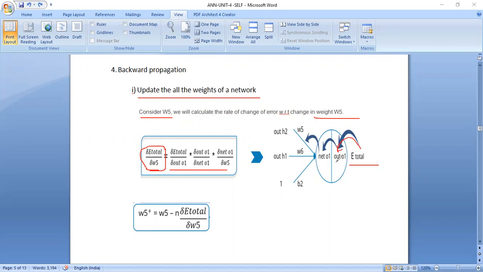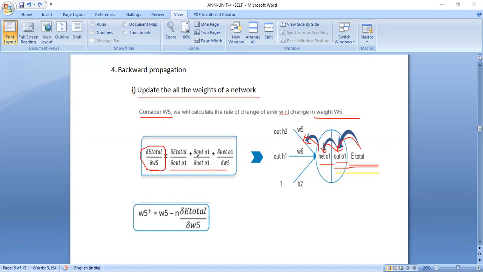The output of O1 is calculated based on the net input of O1, and the net input of O1 is calculated based on W5. So dou E total by dou output of O1, that is one.